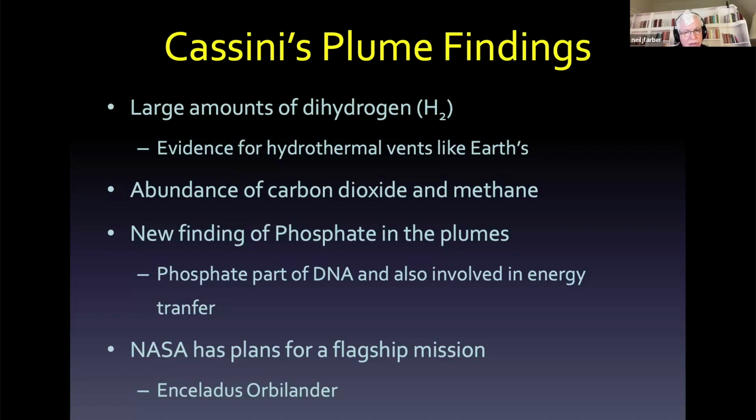So there's a distinct possibility of Enceladus being also a site of life, again, in its ocean beneath the ice shell. And so NASA has plans for a flagship mission sometime in the 2030s, which would be an orbolander, meaning an orbiter and a lander. Next slide.